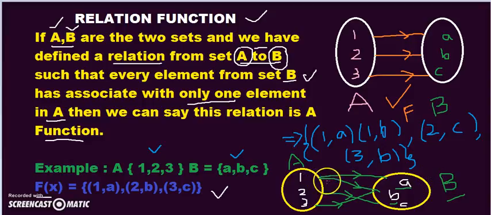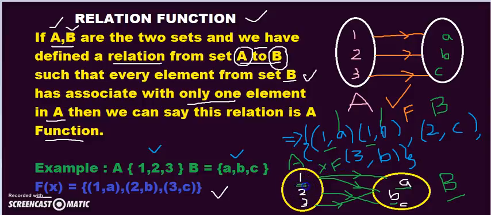If the same input is associated with two elements from the other set, then we cannot say this is a function, right? So this is not a function. Why?